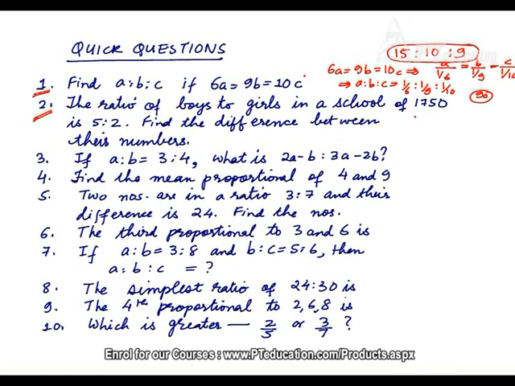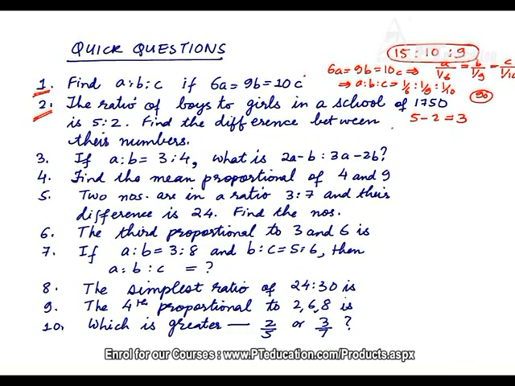Now it is very obvious that 5 minus 2 is equal to 3. 5 parts and 2 parts. So the total would have been 7 parts of 1750. So the difference will be 5 minus 2 is 3. 3 parts of 1750. 3 parts out of how many parts? 7 parts.